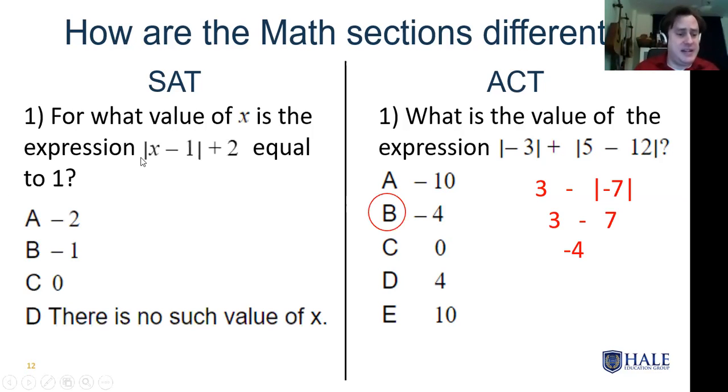Now, the SAT might ask you a crazier question like this. For what value of x is the expression, the absolute value of x minus 1 plus 2, equal to 1? So, whoa, they're asking us for a lot here. They want to know when does the absolute value of x minus 1 plus 2 equal 1?